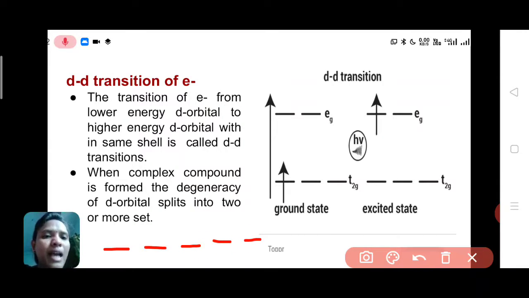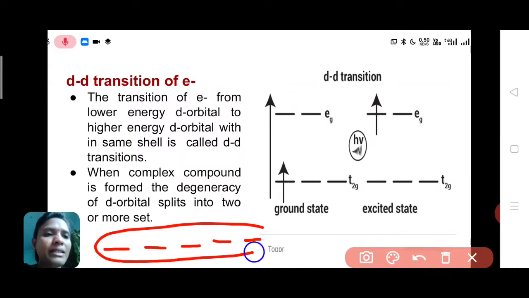These 5 orbitals are present in the d subshell. When these 5 orbitals are at the same energy level, they are called degenerate d orbitals. So at the same energy level, all these 5 orbitals possess degeneracy. This is called degeneracy.